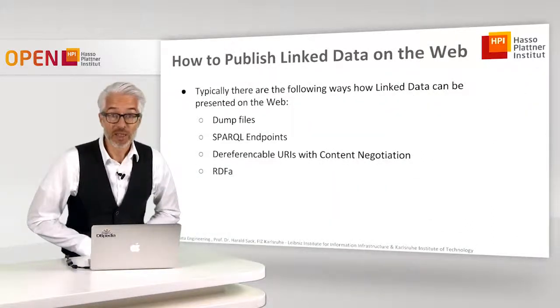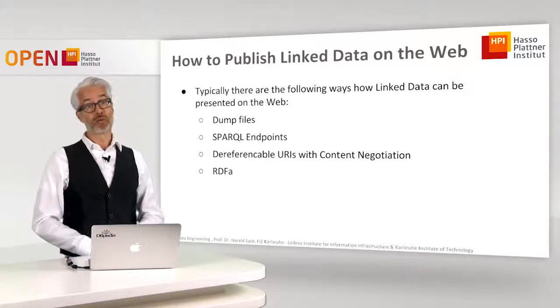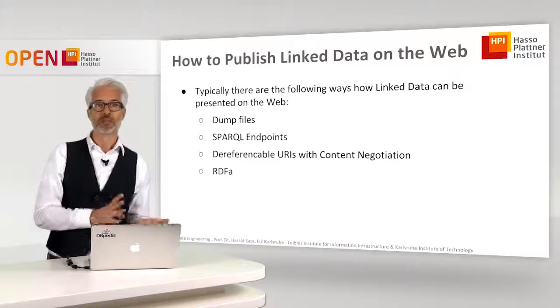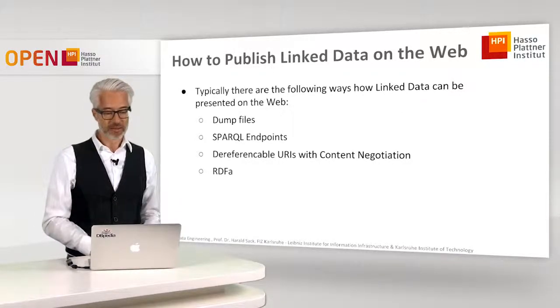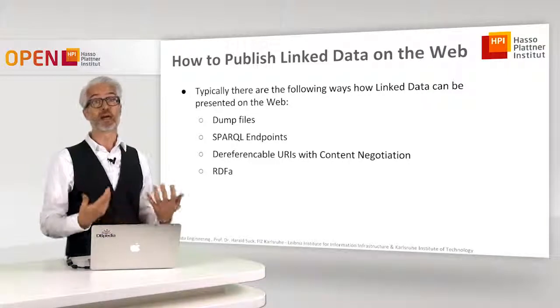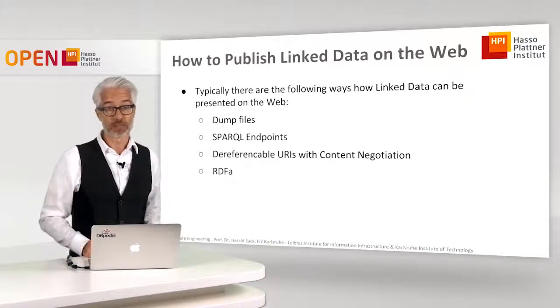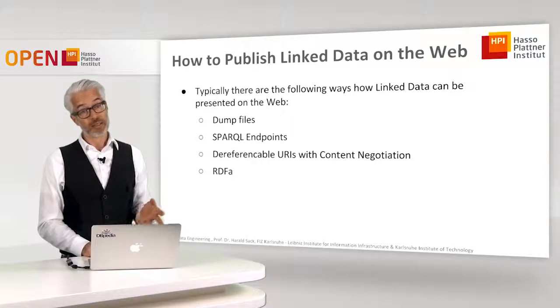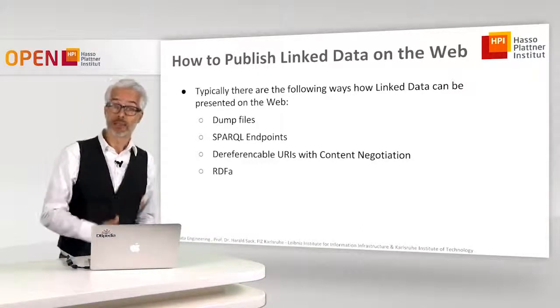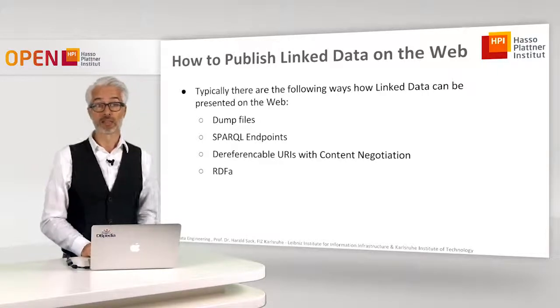Okay, so how do we now publish our linked data on the web? Typically, there are the following 4 different ways to do that. First of all, of course, you can publish your data as a huge dump file, for example, of RDF triples. This might not always be the best way to do it, but at least it's available and people can use it.